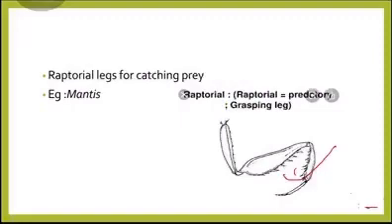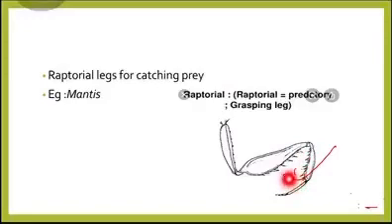as you can see in praying mantis, raptorial legs are for catching the fast moving prey. If you have seen praying mantis, you must have noted that the forelegs are pointing forwards anteriorly, and this is the foreleg of the insect. Here you see that the femur has a groove-like structure, and the tibia has a number of spines.